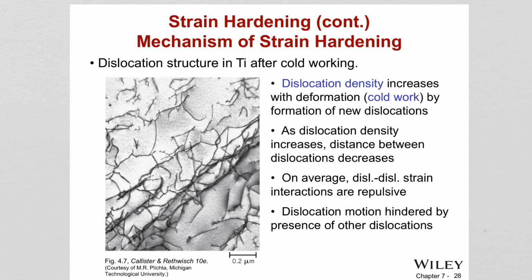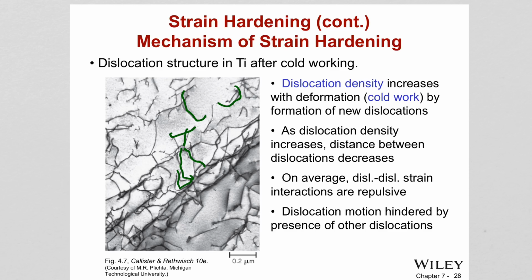Here we see a microscopic image of titanium after cold working. We are seeing the dislocations; the number of dislocations is very high. You see each of these is a dislocation, right there, there, and there, and you see how they interact, and then here. These are all defects in the structure.